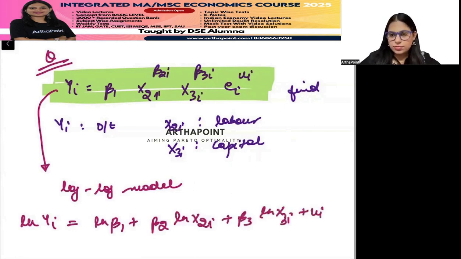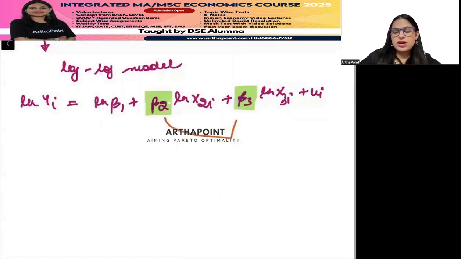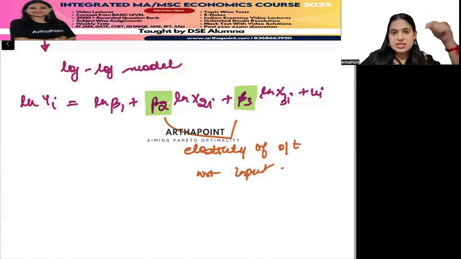Ln e is just 1. Now, we know that these betas are called elasticities of output with respect to input.